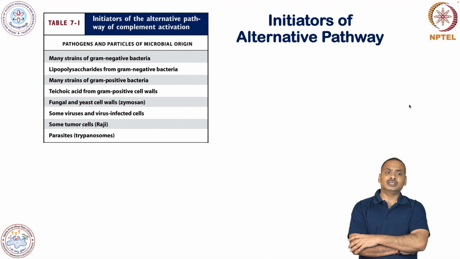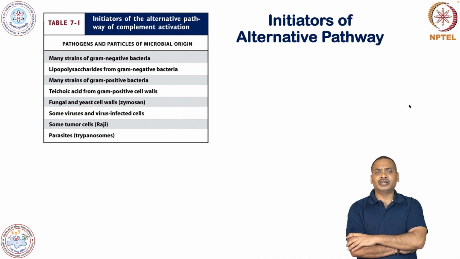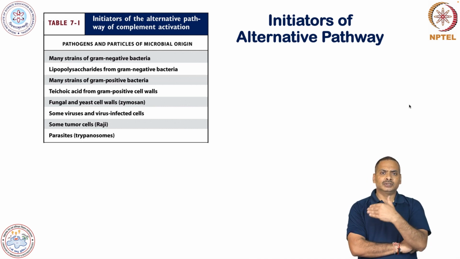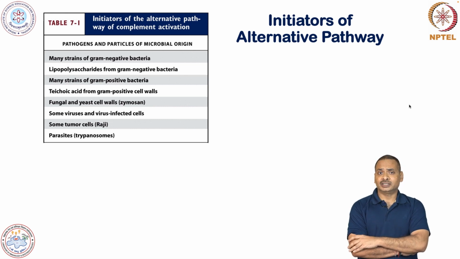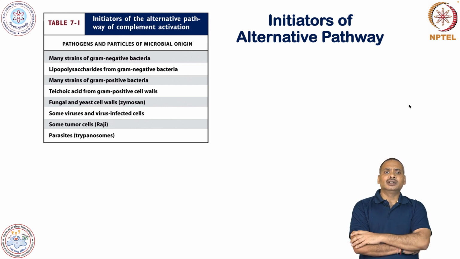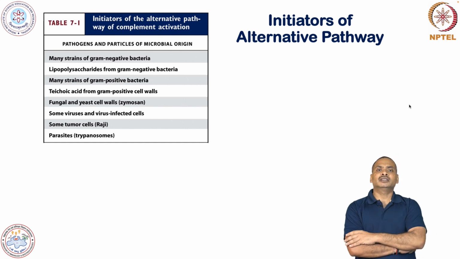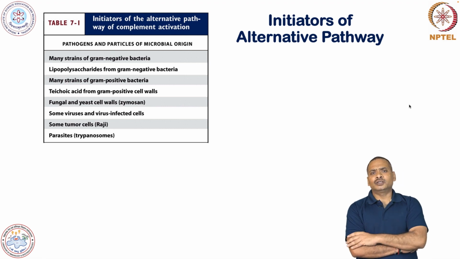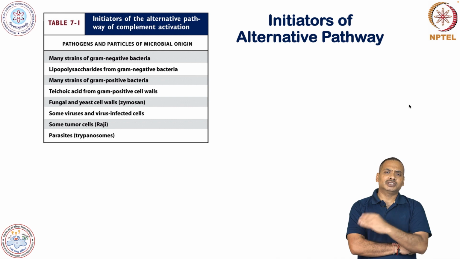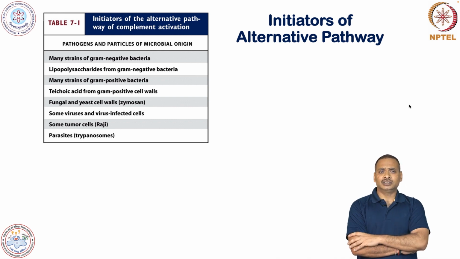Many strains of gram negative bacteria, you know, possess lipopolysaccharide, LPS, and this component can activate the complement pathway. Teichoic acid from gram positive bacteria, which is present in the bacterial cell wall, can also trigger the alternative pathway.